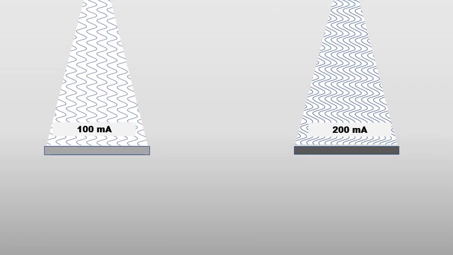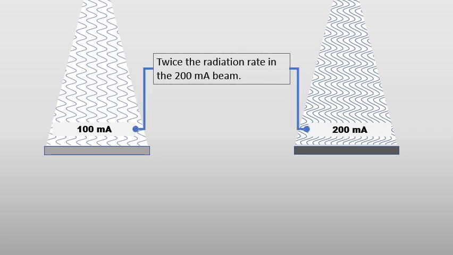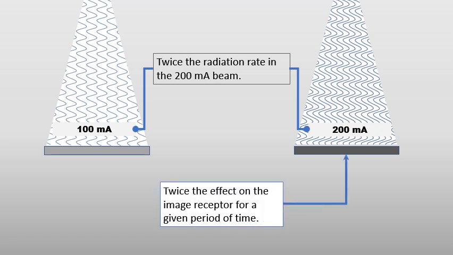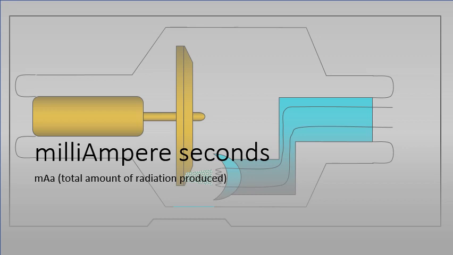It should now be apparent that knowing just the exposure rate, the mA value does not contain enough information to determine relative dose or total radiation exposure to the image receptor. Exposure time must be considered. To bridge the gap, the concept of milliampere-second was conceived.